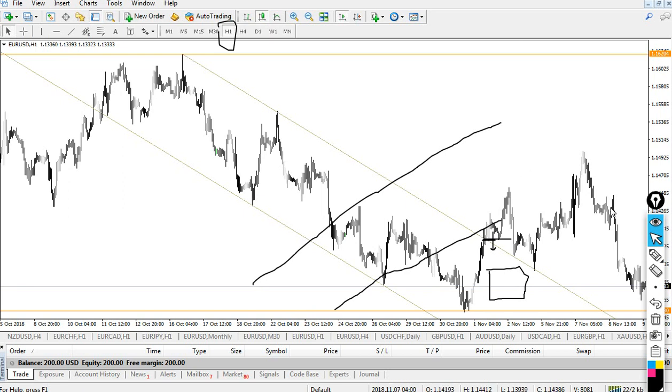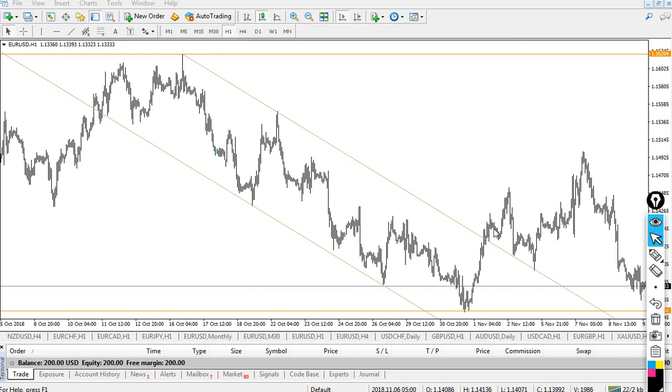What we see is that when a channel breaks, let me finish this. Okay, now we see here like this. If I drag, it will define so many things easily.